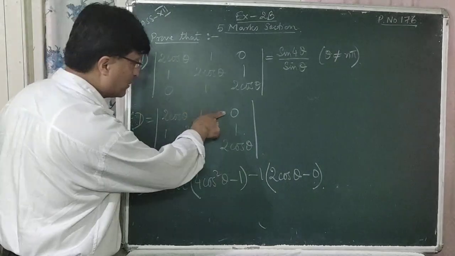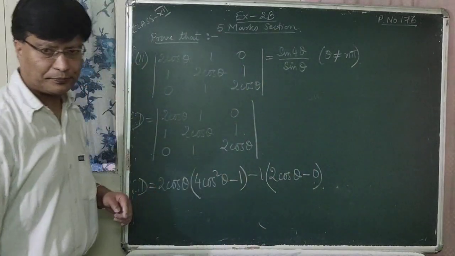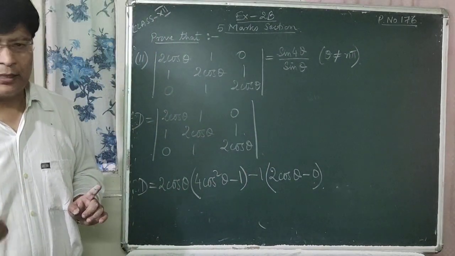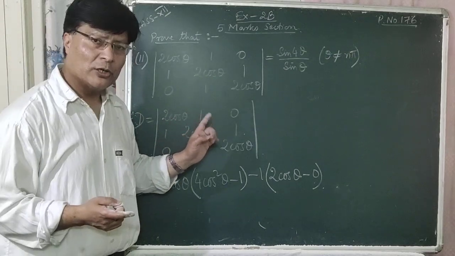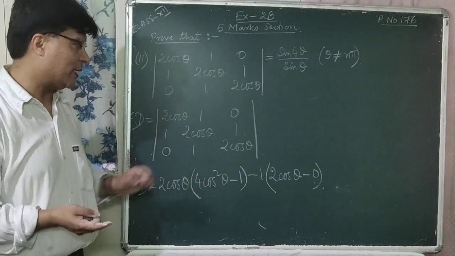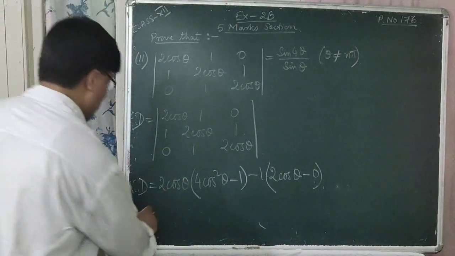Then will you write plus 0 again here? Actually here comes plus 0. Plus 0 will be there, isn't it? But 0 into any number is always 0. So no need to write it, because 0 into any number is always 0, right? Now let us expand it.